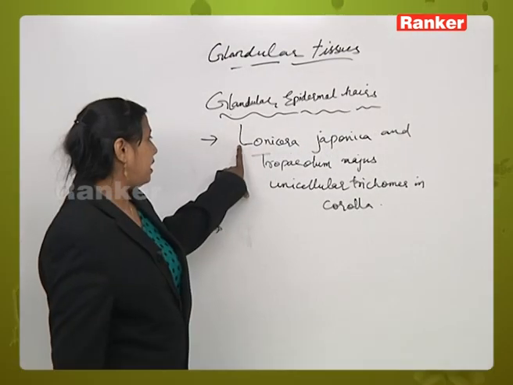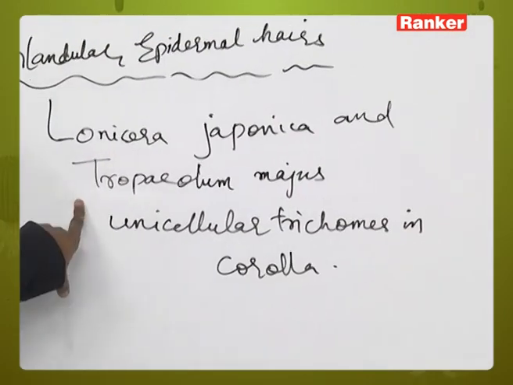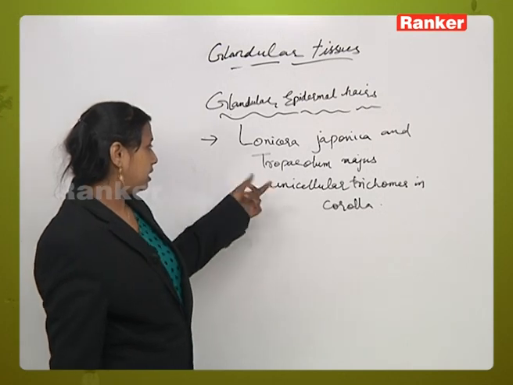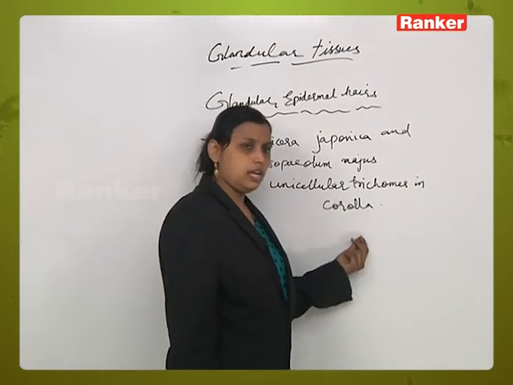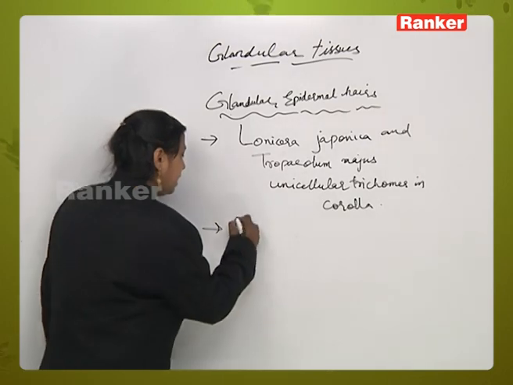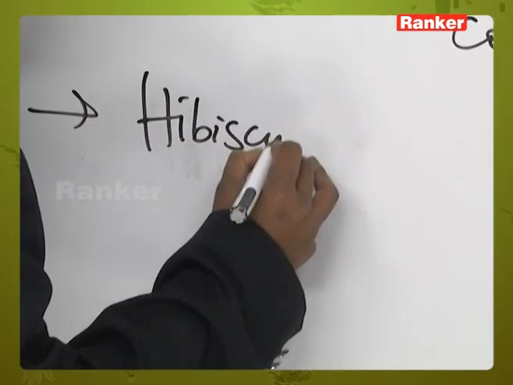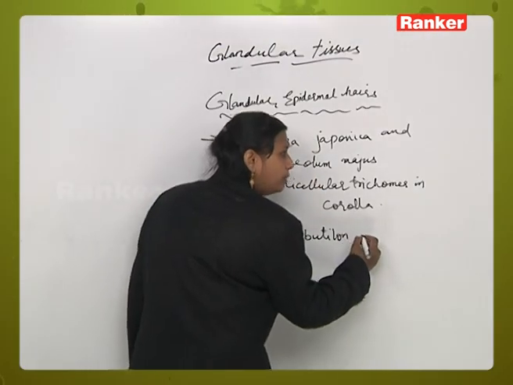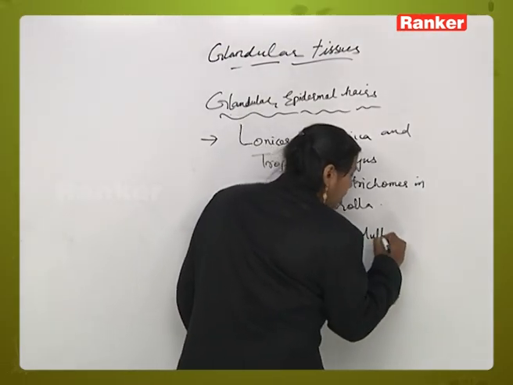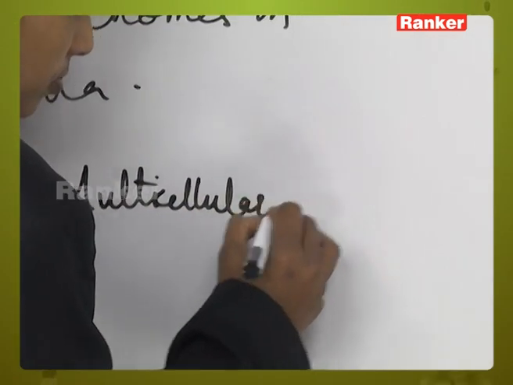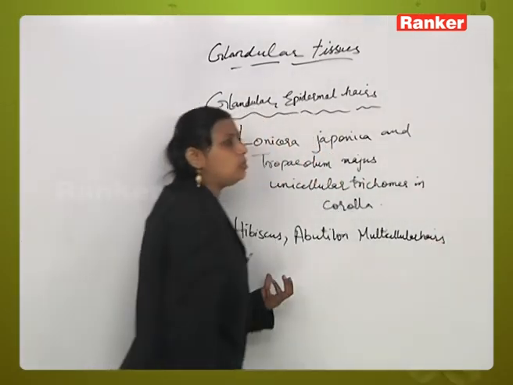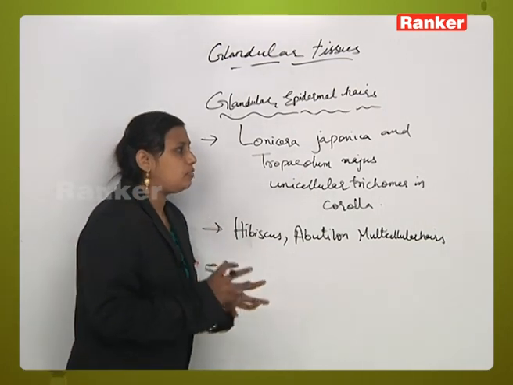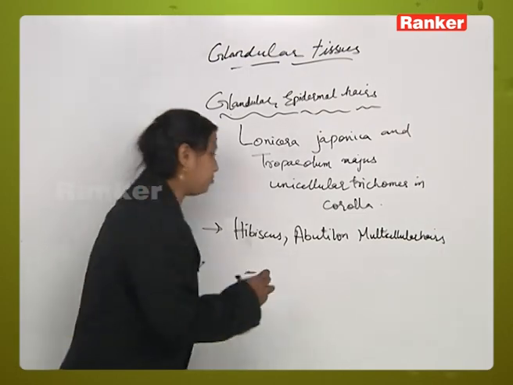In plants like Lonicera japonica and Tropaeolum majus, nectar is secreted with the help of unicellular trichomes in the corolla. In many species of Malvaceae, like hibiscus and Abutilon indicum, many multicellular hairs join together and form a group at the base of the calyx and secrete nectar.